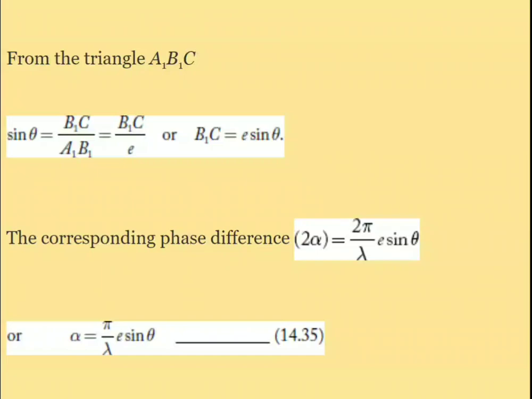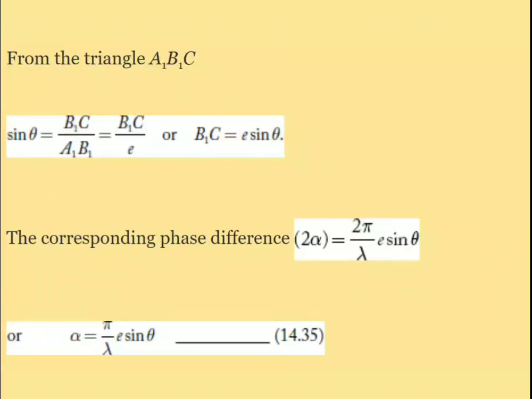Now the relation between path difference and phase difference is phase difference equal to 2 pi by lambda into path difference. In this case the phase difference is represented by 2 alpha, so 2 alpha is equal to 2 pi by lambda into path difference.